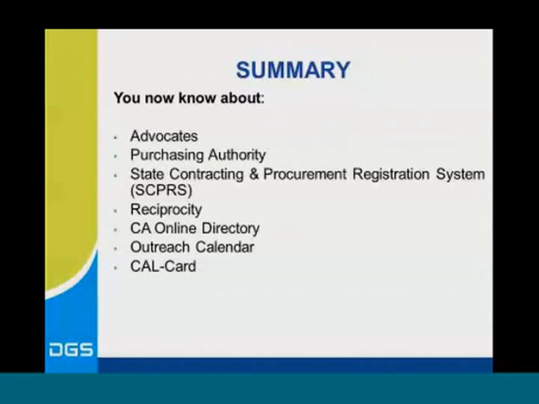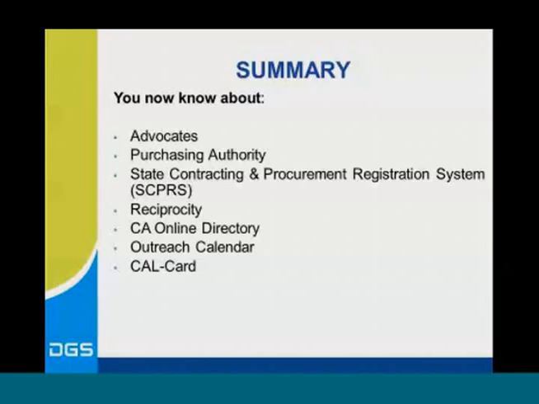So, in summary, you now know what an advocate is and where to find them. You also know what purchasing authority is and who can help you at those different agencies. You know about SCPRS and how to use it to your advantage.